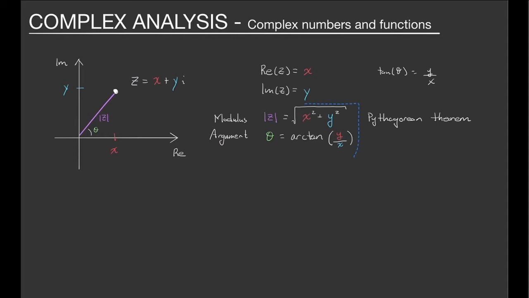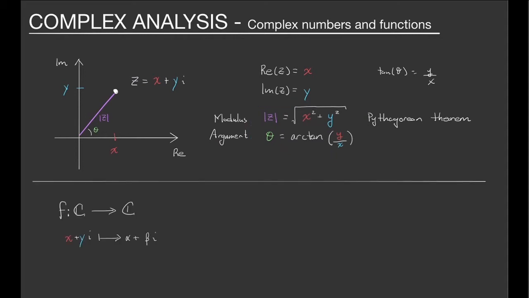Besides just having another way to write complex numbers, which can be very useful for a variety of reasons, it will become critical when we look at graphing complex functions, because we'll essentially run out of spatial dimensions that we can use, so we need another way to represent it. As an example, let's say we have a complex function that takes the complex number x plus yi to some other complex number, which is a plus bi.